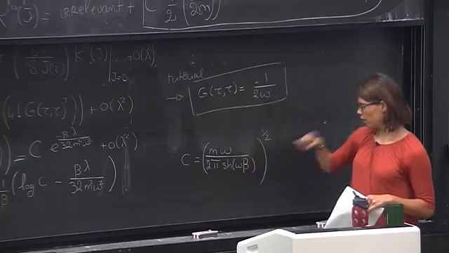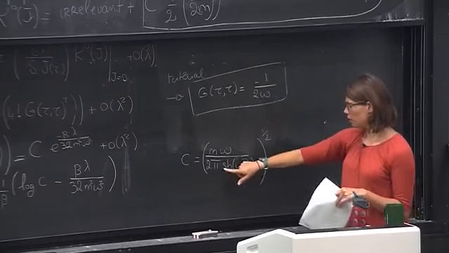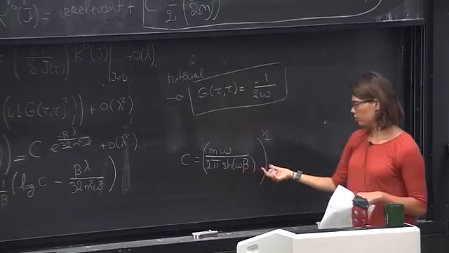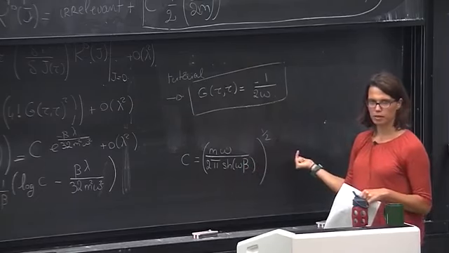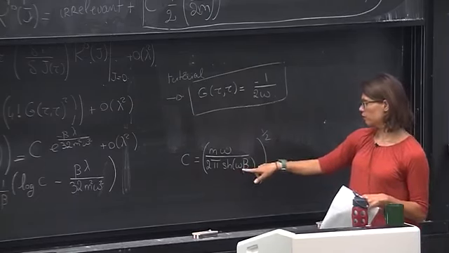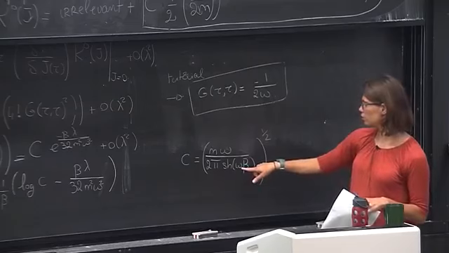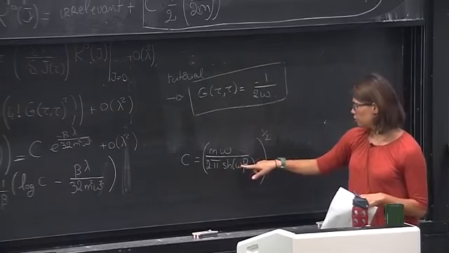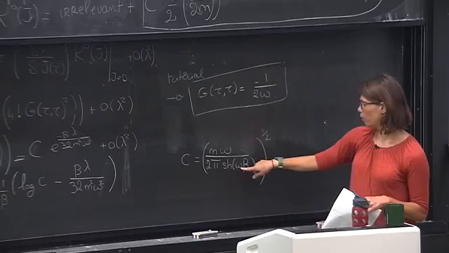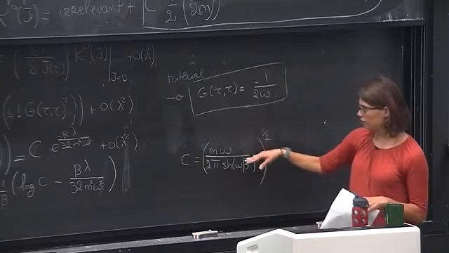And of course, the sine is just the sum of two exponentials, one with a plus, one with a minus. So when beta goes to infinity, only the one with a plus is going to contribute. So you're going to get log of exponential omega beta. And then you divide by beta.